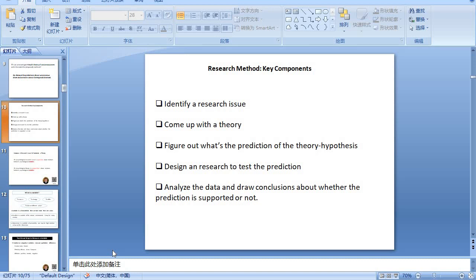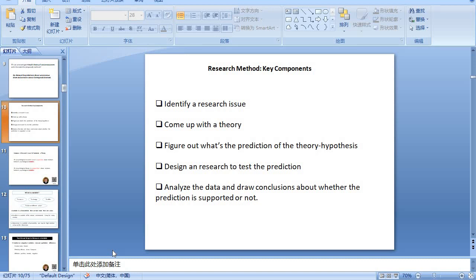For example, I have a theory about anxiety. My theory says anxiety or anxiety disorder is usually created by traumatic experiences. This is my theory. So I'm proposing anxiety disorders can be caused by earlier traumatic experiences.